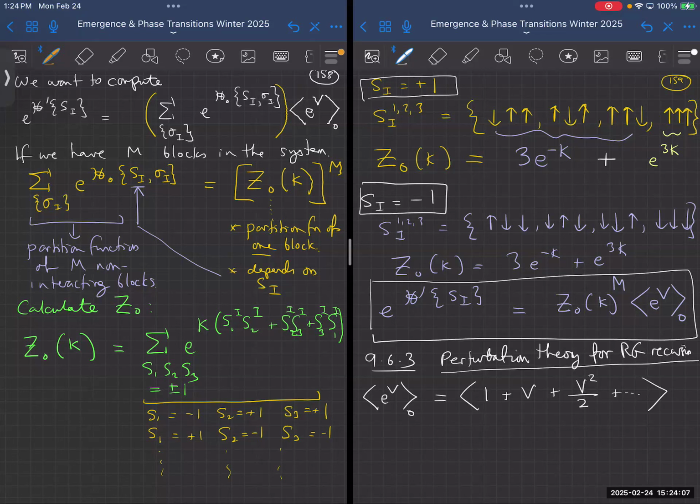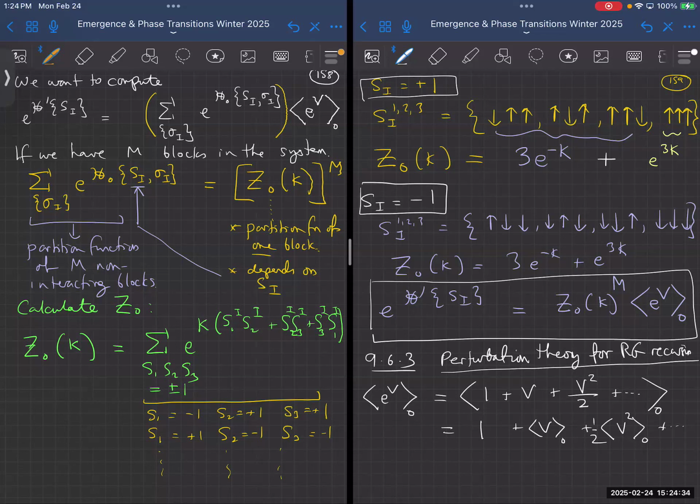And you can say, well, okay, so then this is just equal to the expected value of 1, which is 1, and then the expected value of v, and then the expected value of v squared times half plus higher order terms. So that would be what you would normally do as perturbation theory.